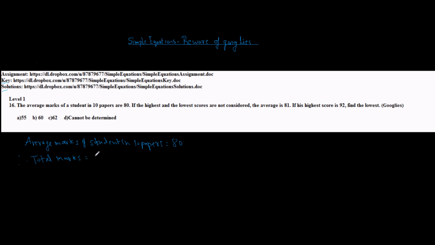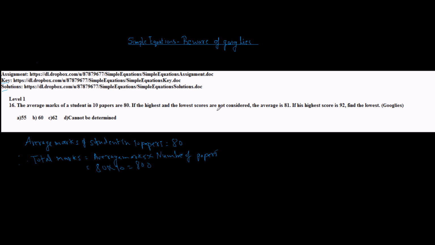Total marks is equal to average marks into number of papers, which will in turn be 80 into 10 equal to 800. So we have total marks equal to 800.